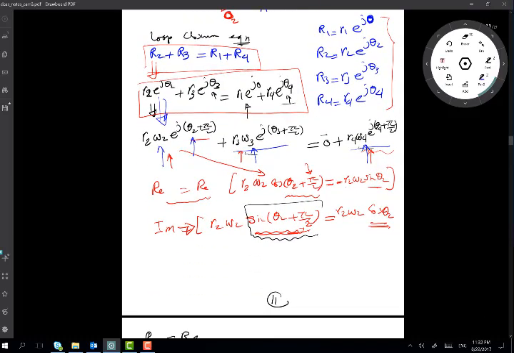And then I resolve my differentiated loop closure equation, with real on the left hand side equal to real on the right hand side, and imaginary equal to imaginary. When I do the real, I take cosine of the angle, but the angle now has 90 or pi over 2 added to it. Cosine of an angle with pi over 2 added is equal to minus sine of that angle.